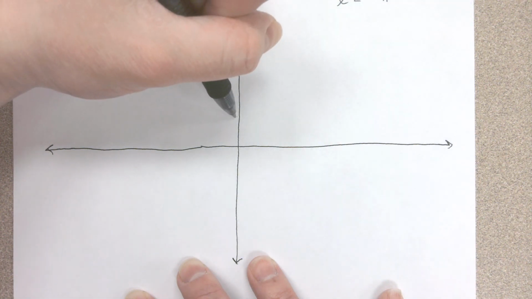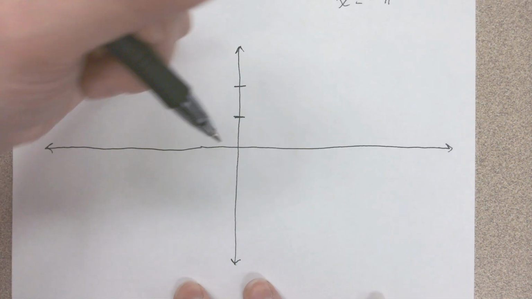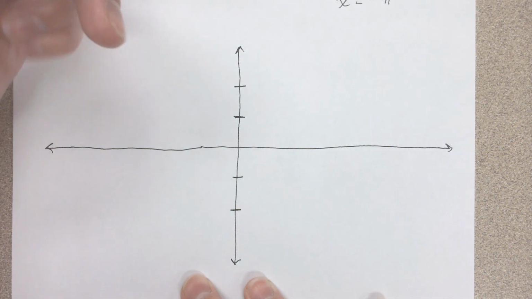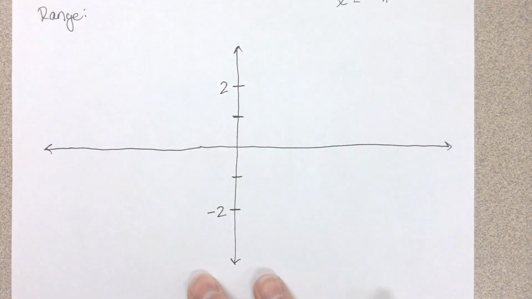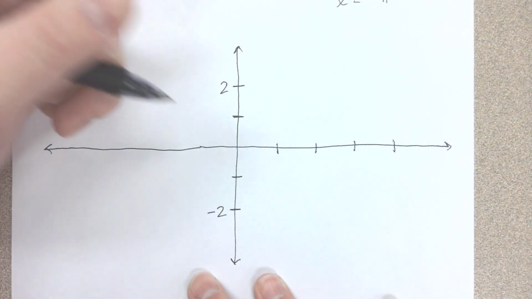So again, we're going up 1 and then another 1 for the amplitude. So 2 on the y-axis going up. I'll match it on the bottom, but I won't be using both of these. And our 4 intervals on the x-axis.